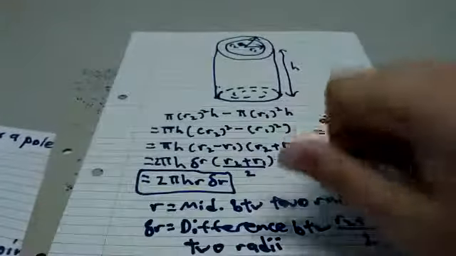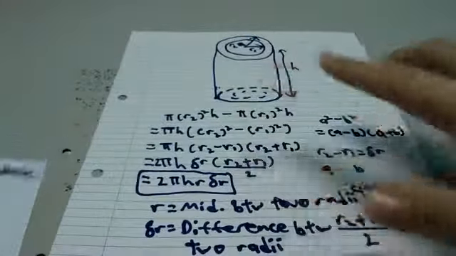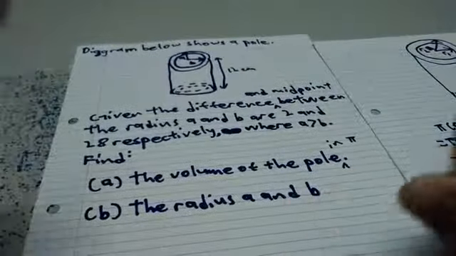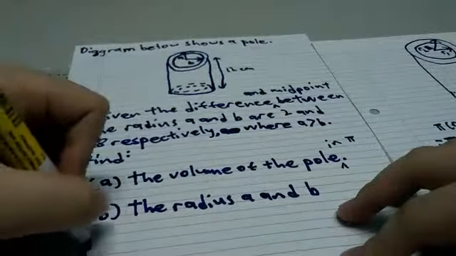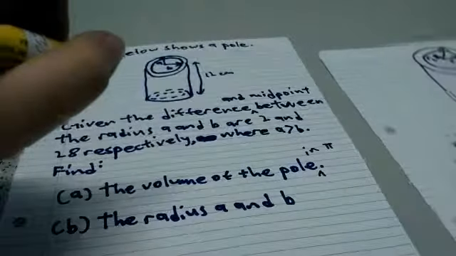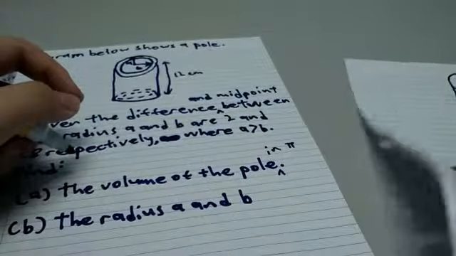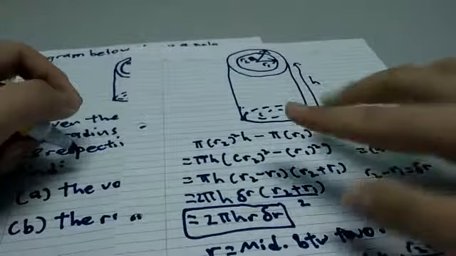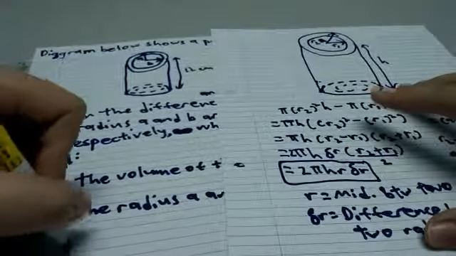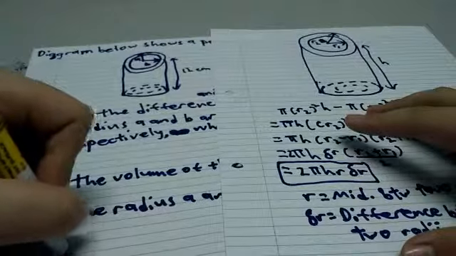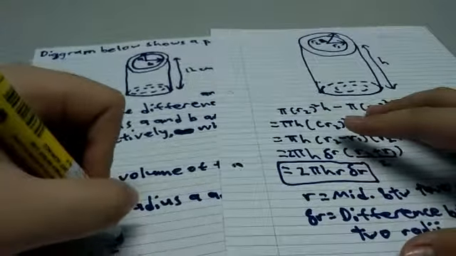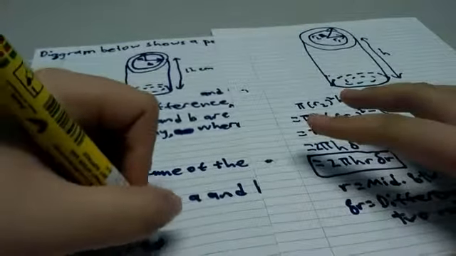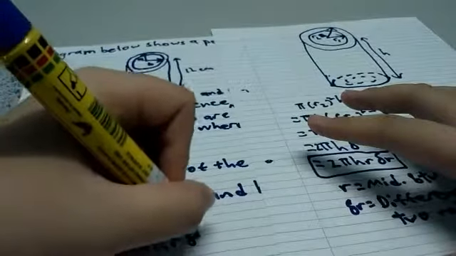By this same situation, for solving question A, using the formula that we just derived, the volume of the pole is equal to 2 pi h R delta R.